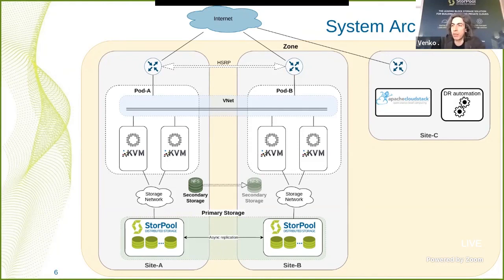All the VMs that are subscribed to this backup service have a backup policy. For each VM, you can select the backup policy, and the backup policy defines the frequency, how often backups through snapshots are created, and what the retention policy is for how long you keep the backups.